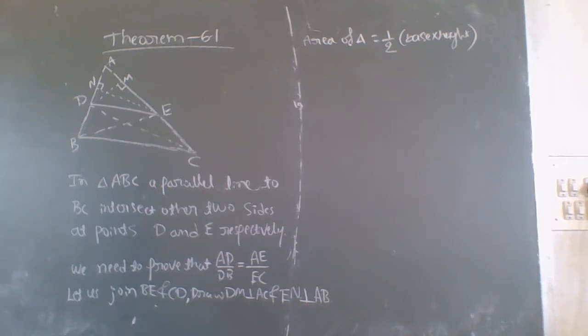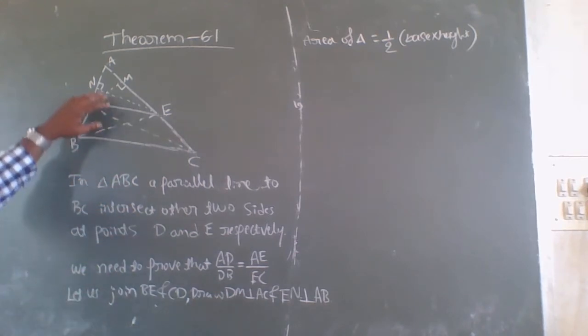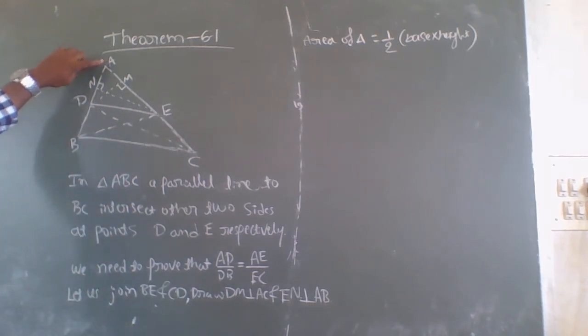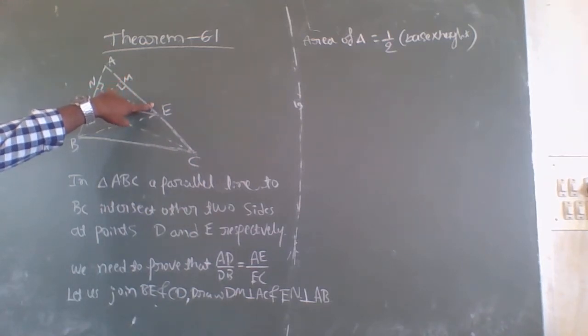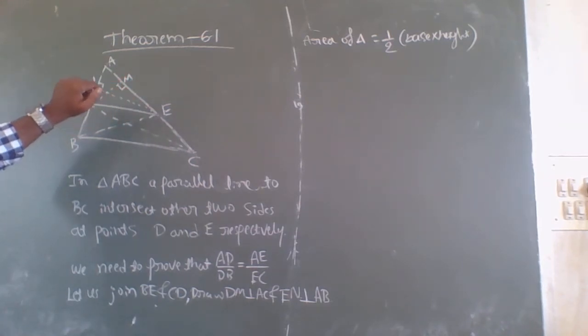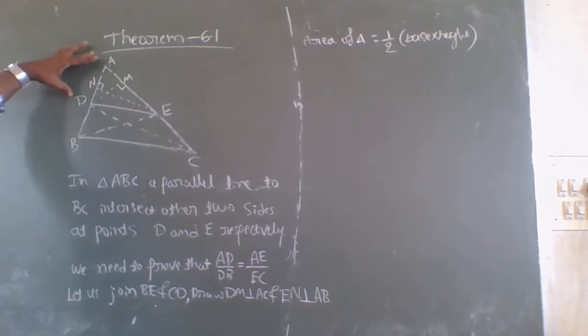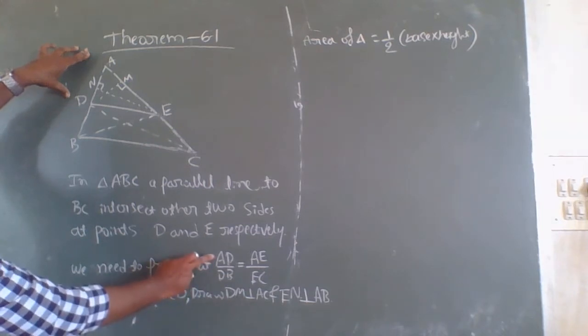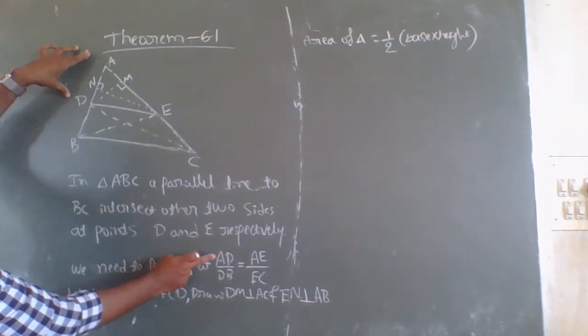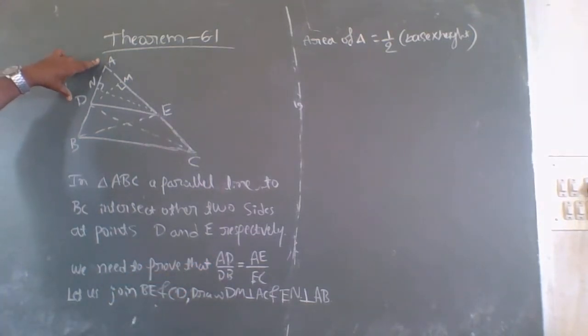So here, first I will calculate the area of triangle ADE, and I will consider AD as the base, because we have to prove AD by DB is equal to AE by EC. Therefore, first I will consider this AD as the base here.